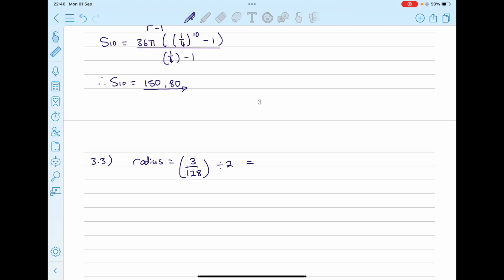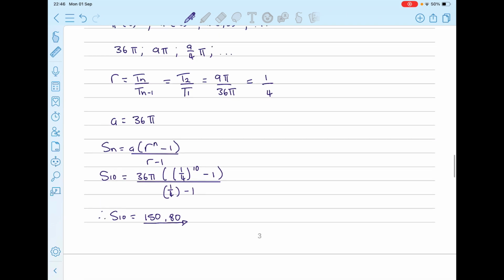And this should give you 3 over 256. Okay, so now that we have this, we need to get our general term for the geometric sequence of the radiuses of the circle and not the areas, because previously here we were focusing on the areas.